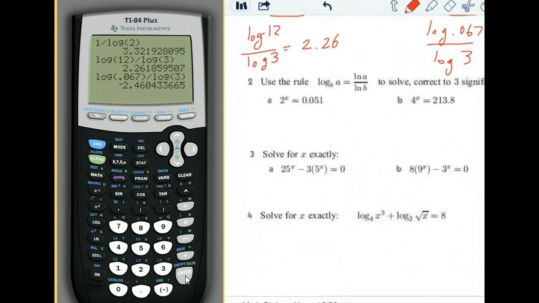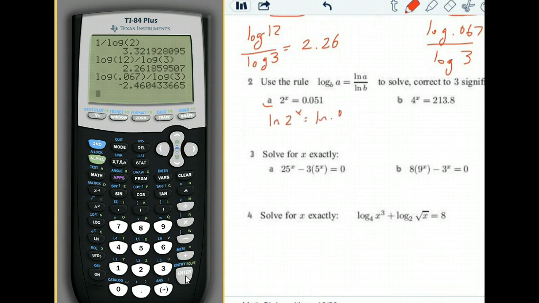Alright, let's move on. Use the rule log base b of a is equal to natural log of a over natural log of b to solve, correct to 3 significant figures. Let's see, so we're going to do a and c. So for a, we have 2 to the x equals 0.051. What we're going to do is take the natural log of both sides.